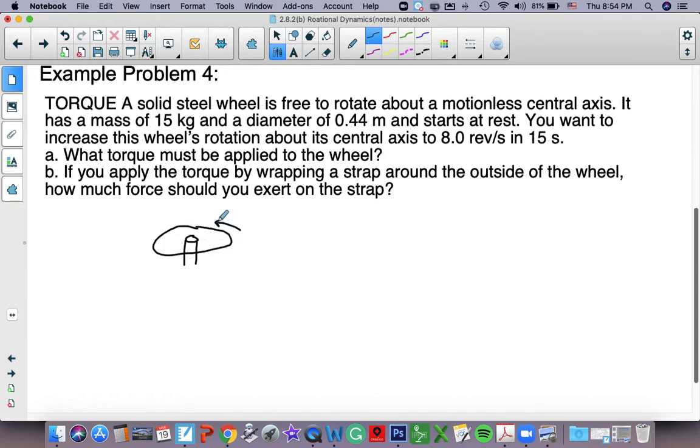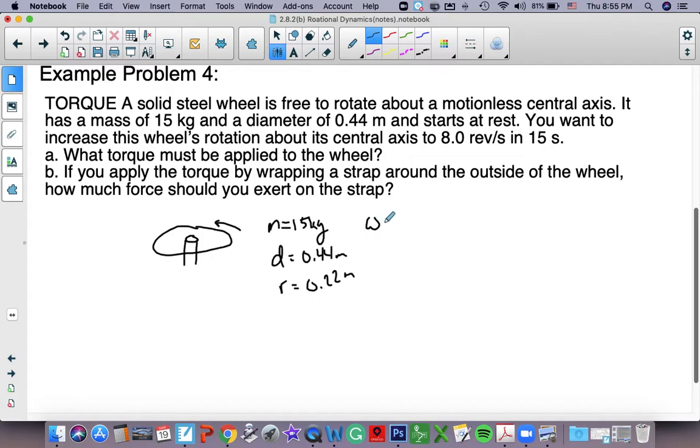The wheel spins. If you have a mass of 15 kilograms, so the mass of the wheel, 15 kilograms, diameter of 0.44 meters. So we don't want diameters, we want radius, so that's 0.22 meters if we cut this in half. Okay, and it starts at rest.